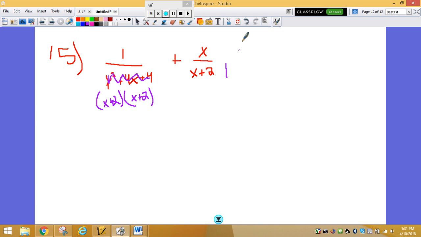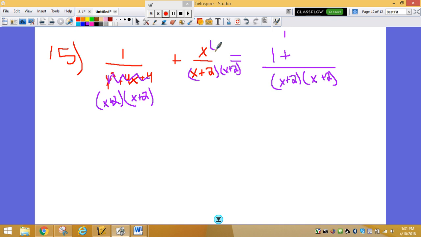So, common denominator is x plus 2 and another x plus 2. So this first one is good to go. I got x plus 2 and x plus 2, so I'm just going to bring this 1 over. I'm going to bring my plus sign over. This has 1 x plus 2, but I need another x plus 2.